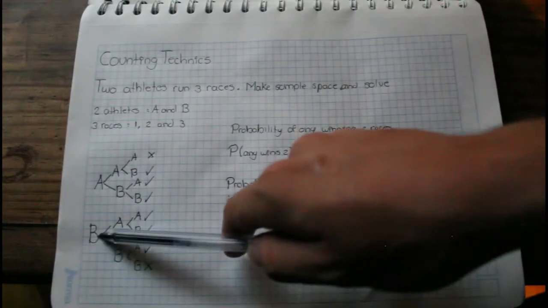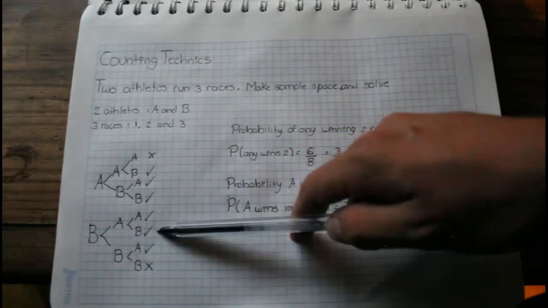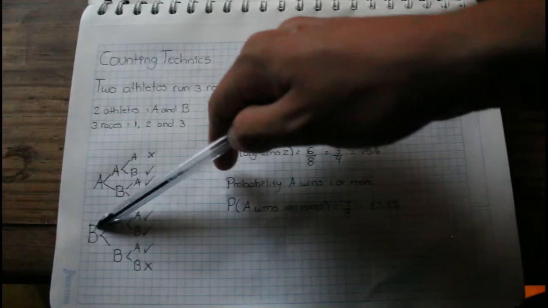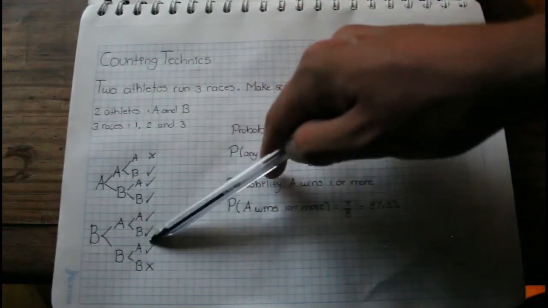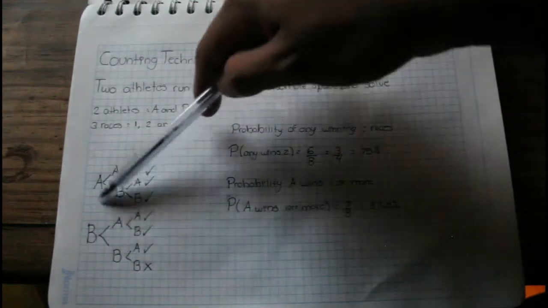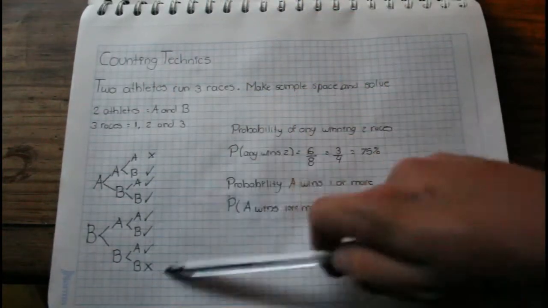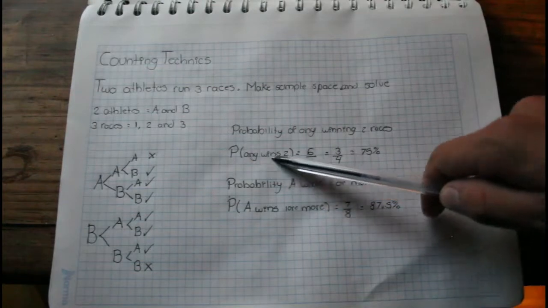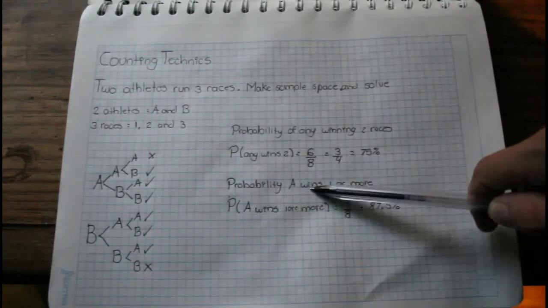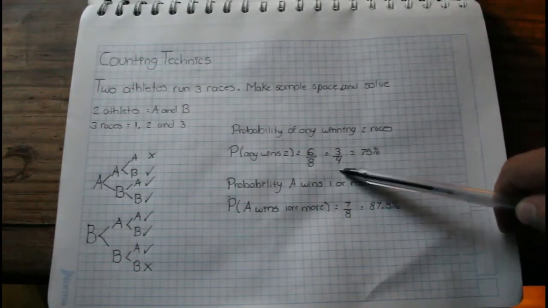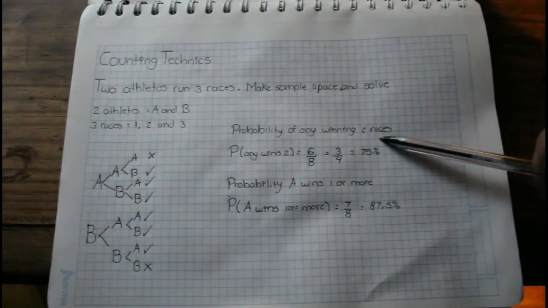Then B wins the first, loses the second, wins the third, so it is correct. The next one, B wins the first 2 but loses the third, so it fulfills. But the last one, B wins the 3 races, and the same as with A, it doesn't fulfill. So the probability of any winning 2 races is 6 over 8, which is the same as 3 over 4, which is 75% chance.